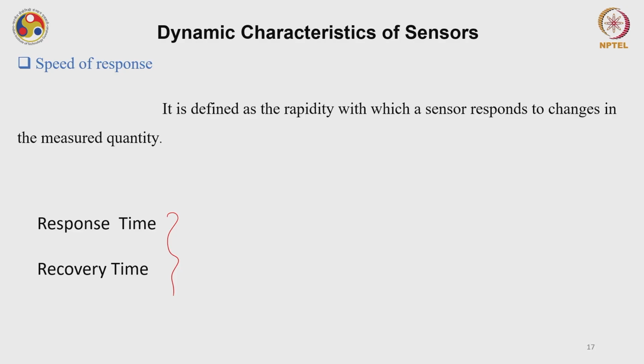However, if any of these is slow, let's plot two or even three characteristics and try to understand which is fast and which is slow. Of course, this is coming from the dynamic plot, which we discussed a bit when we were discussing the static characteristics.